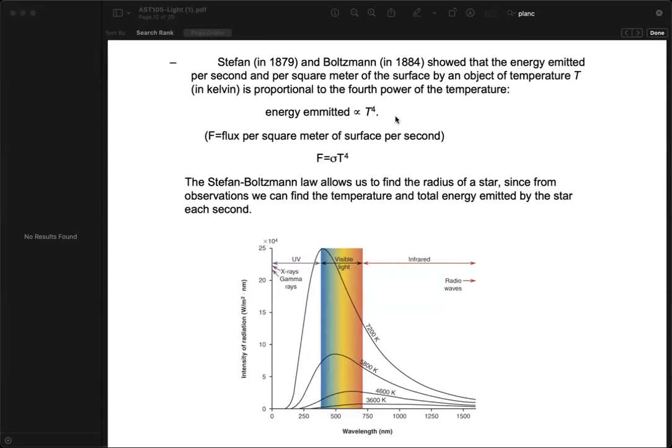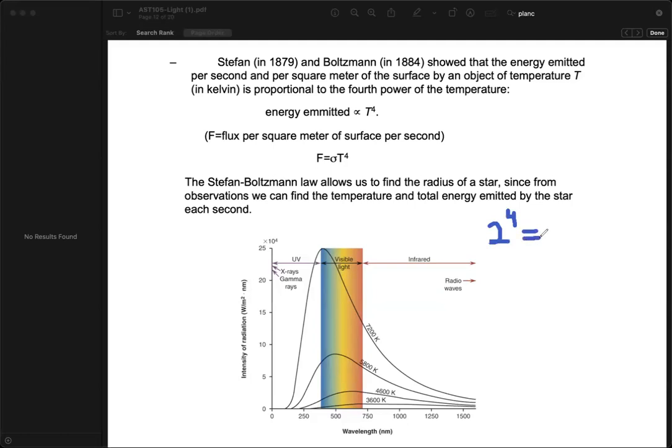That means if we are comparing the sun and another star, then the heat of the energy emission from the second star will not be just 2 times the energy emission of the sun, but it will be 2 to the power 4 times.